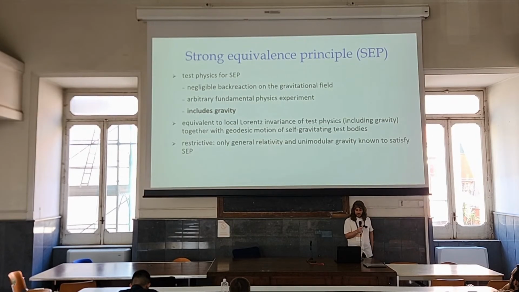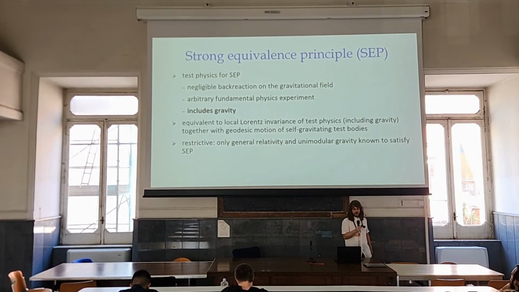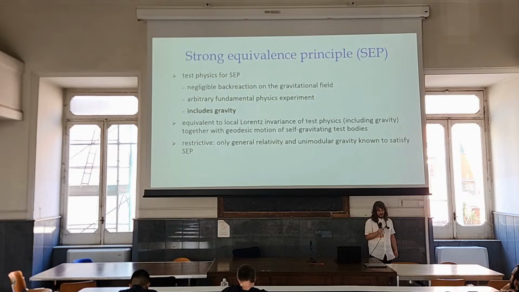And actually, the strong equivalence principle can be shown to be equivalent to two statements. One of them is that the physics that you consider is locally Lorentz invariant, and that must include the gravitational phenomena. So in particular, gravitational wave propagation must respect local Lorentz invariance.